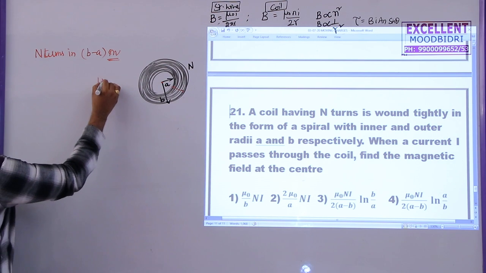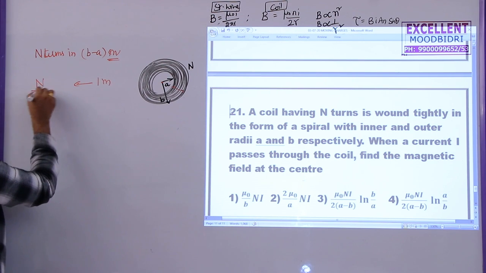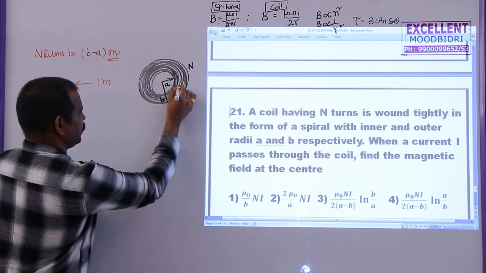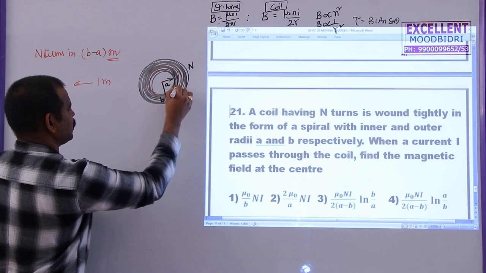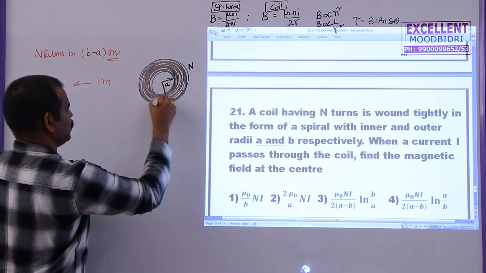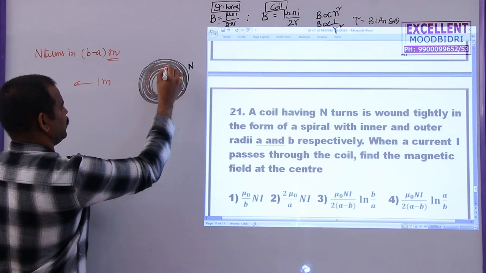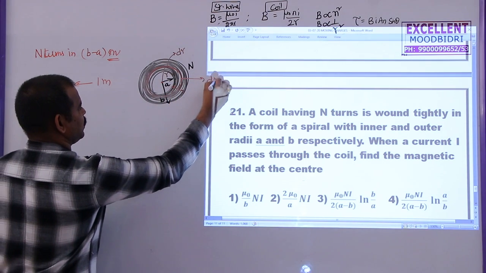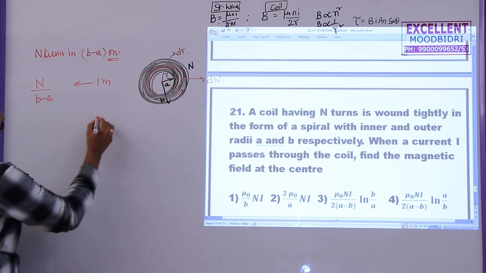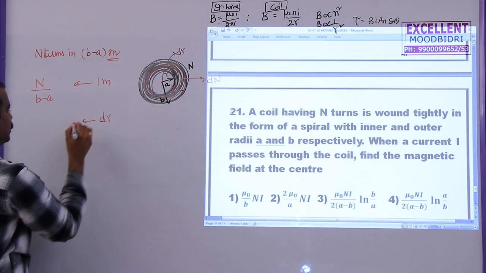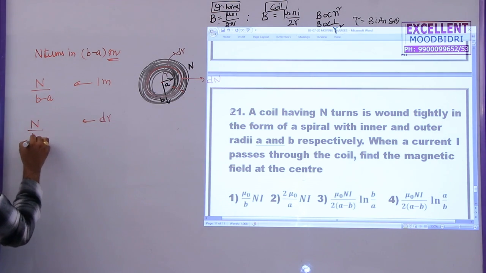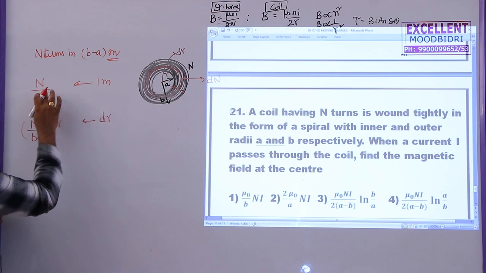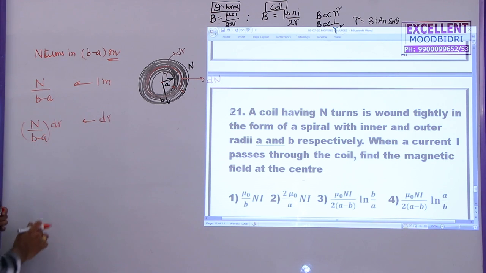So in 1 meter distance, the number of turns will be N by B minus A. Now let me take a small cylindrical strip here, which is at a distance of r with thickness dr. So let us say in this the number of turns are dn. So in dr meter distance, the number of turns will be N by B minus A into dr. So here I am multiplying this with dr on both sides.